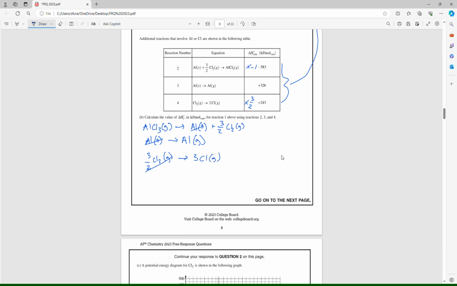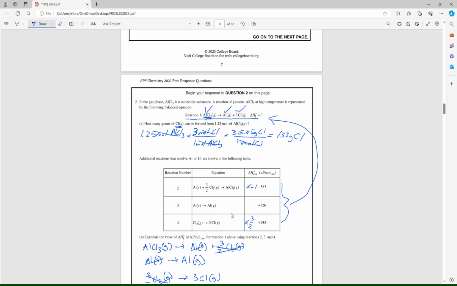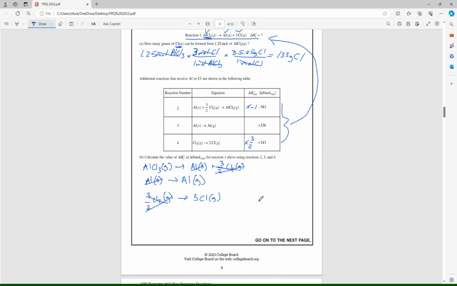And we can cross out this, and you can see that we have AlCl3 creates aluminum gas plus 3Cl gas, and that's what we were trying to make for reaction 1. Now we just add up all of these. So this times -1, this just plain and simple, this times 3/2. So we just add up all of these and we get an answer of 1274 kilojoules per reaction.